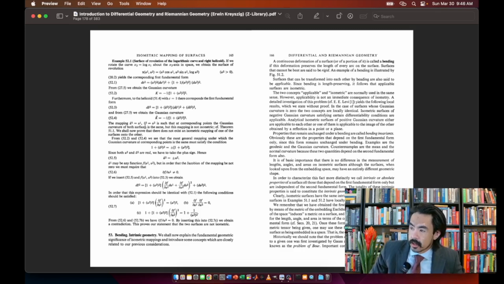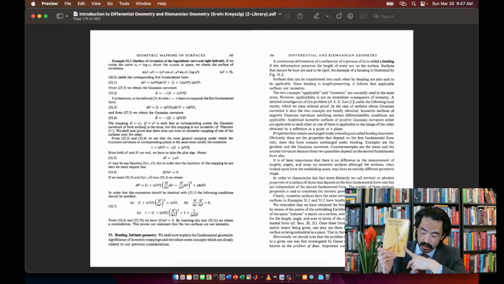Basically, there was a first edition in German, then a second English translation, which is what this is a reprinting of, and then 68, 69, I think, is when Intro to Differential and Riemannian Geometry came out. Okay, so section 57 in this Dover book is the same as section 53 over here.